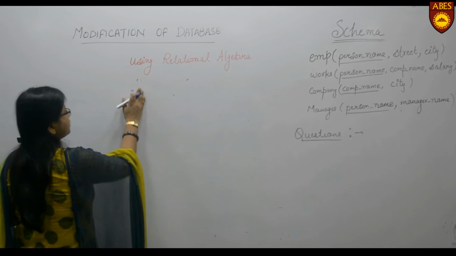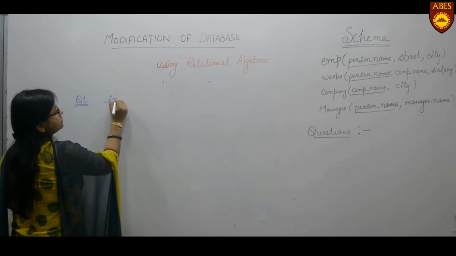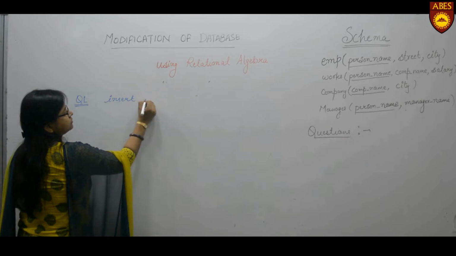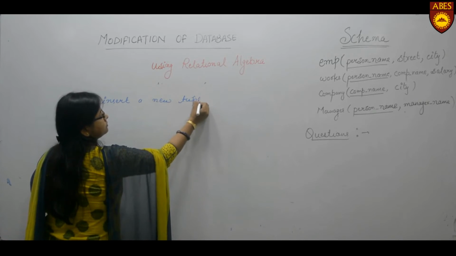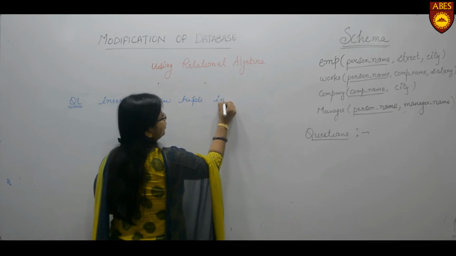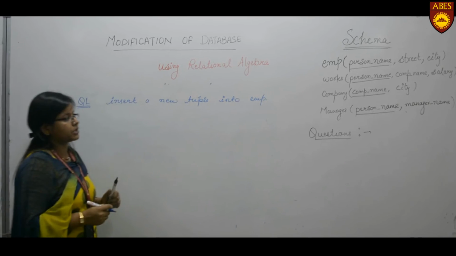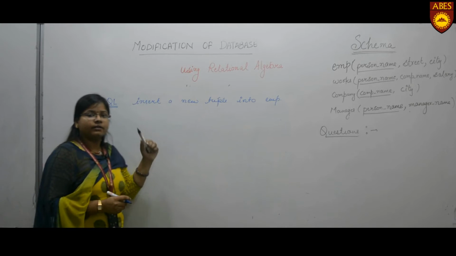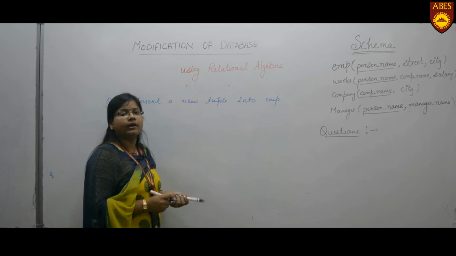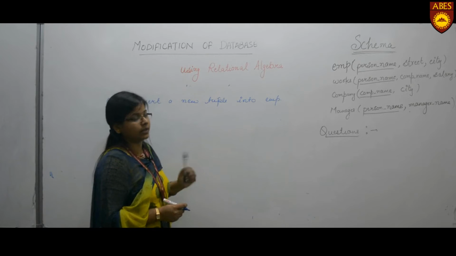So let's take the first question. The first question is, insert a new tuple into the employee table. If this is the question, then as I said, insert means either write the tuple to be inserted or a relational algebra expression which inserts a set of tuples in a particular relation.